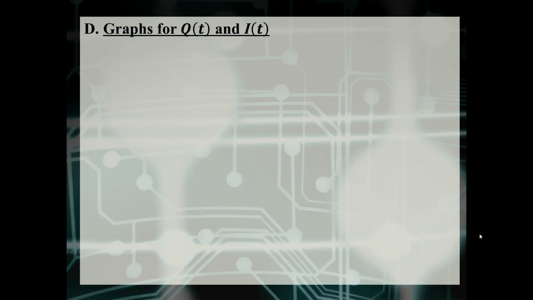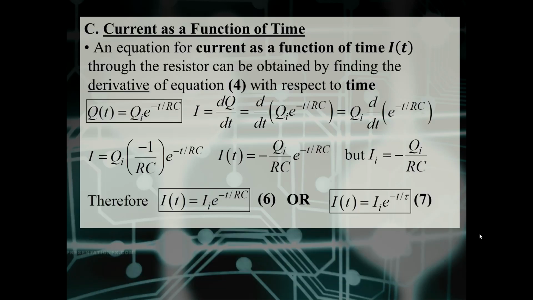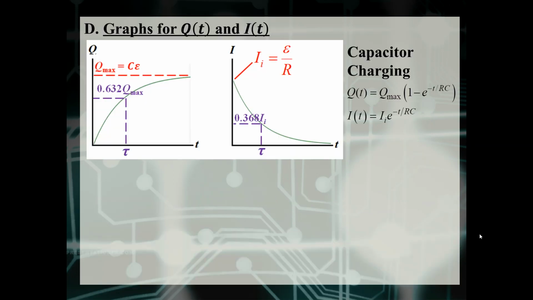Okay, now we want to just quickly sketch the graphs of what this looks like. Although both these graphs are very intuitive, and they actually both share the exact same shape because they both have that e to the negative t format. So this is what the graphs looked like when we were charging the capacitor. So when the capacitor was charging, my graph for q as a function of t had that controlled growth up to a maximum charge, where that maximum charge was just capital C times the EMF of the battery.